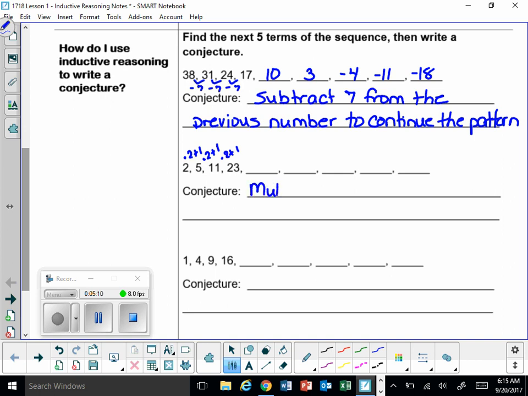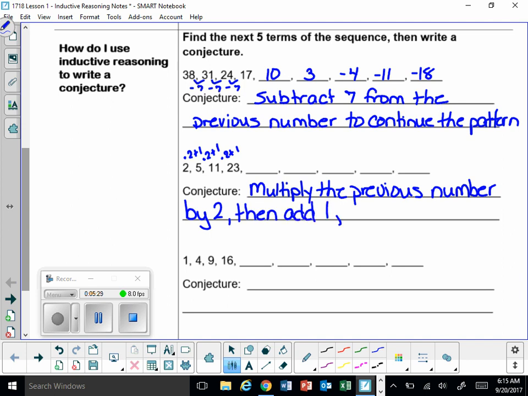Multiply the previous number by 2, then add 1 to continue the pattern.